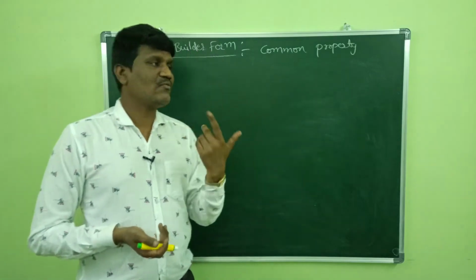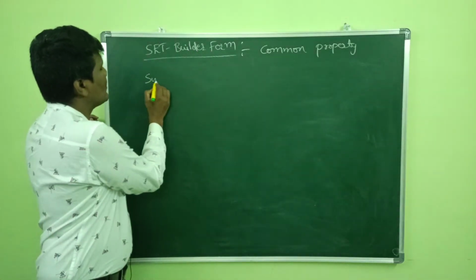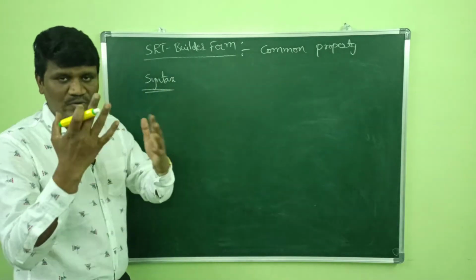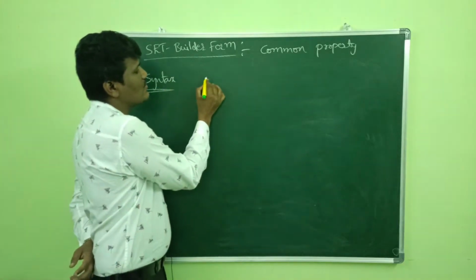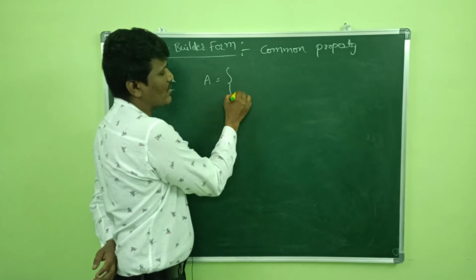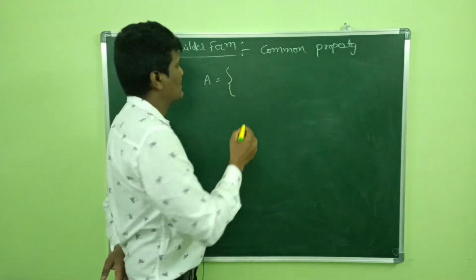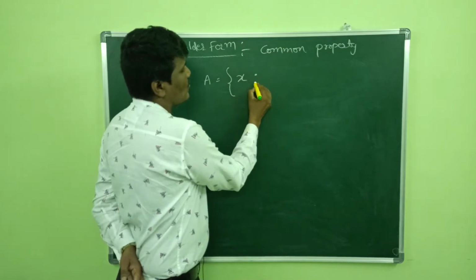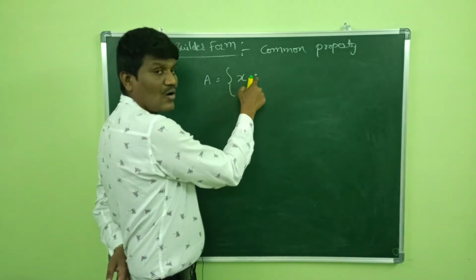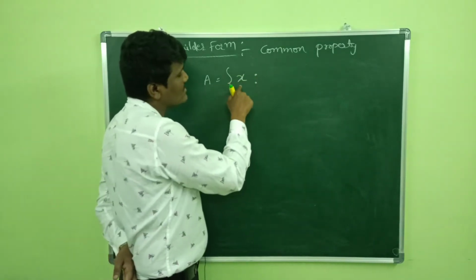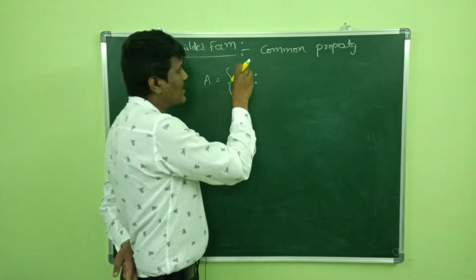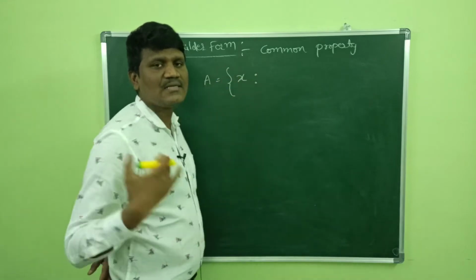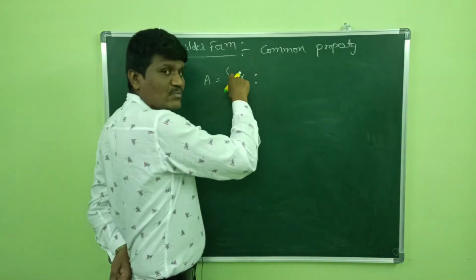Now let us see the syntax of set builder form. Syntax is nothing but the rule, how we will write. For a set, I write an open curly bracket, x, colon, or we can write x such that. Here x is the variable from which we take the list of elements.